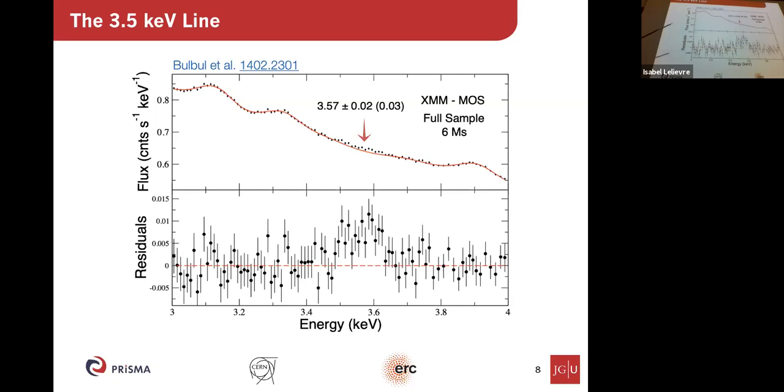So the proponents of a new physics explanation for this will argue that the atomic physics lines that in principle could contribute here would also lead to X-ray lines at other energies where they are not seen. So if there was an atomic physics line here, they argue, there should be other, much more intense lines at other energies where we don't see them.